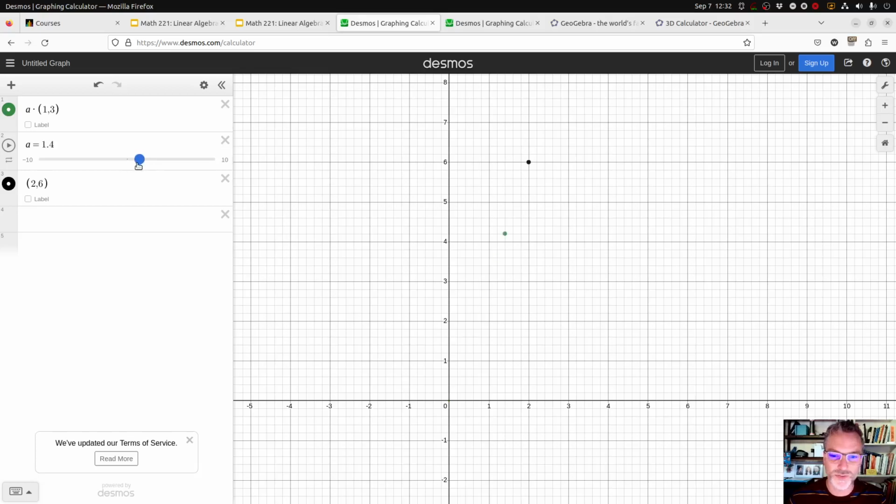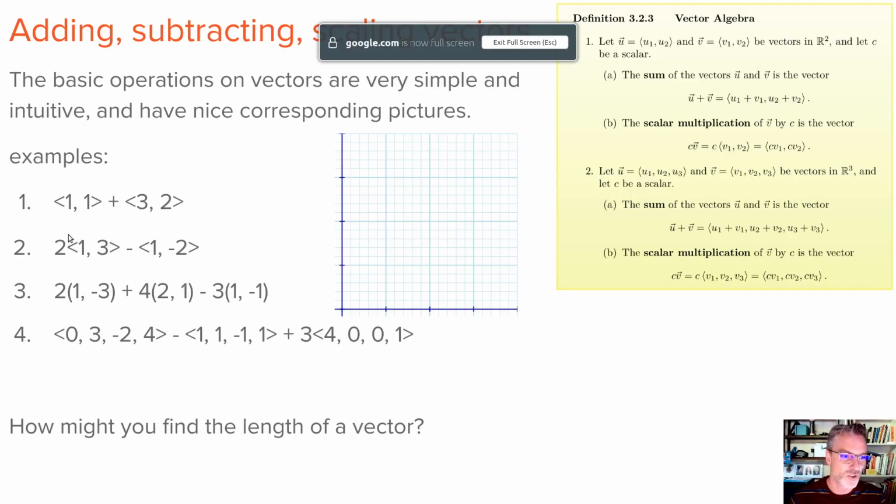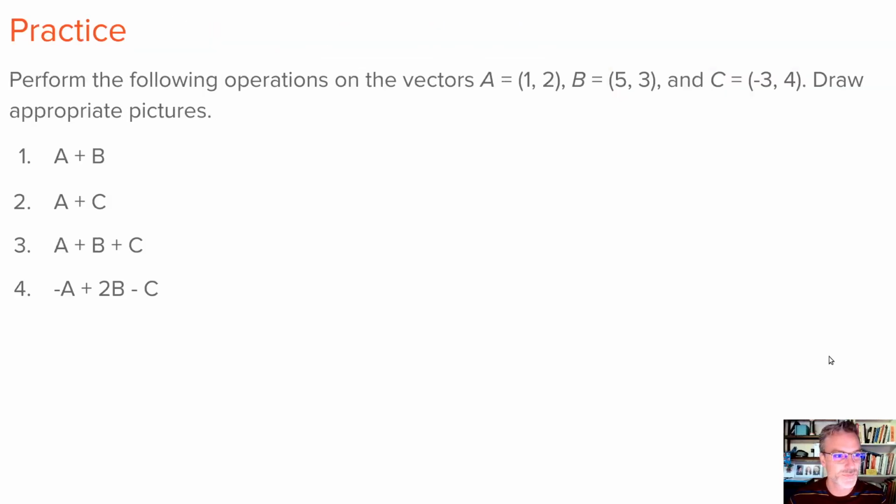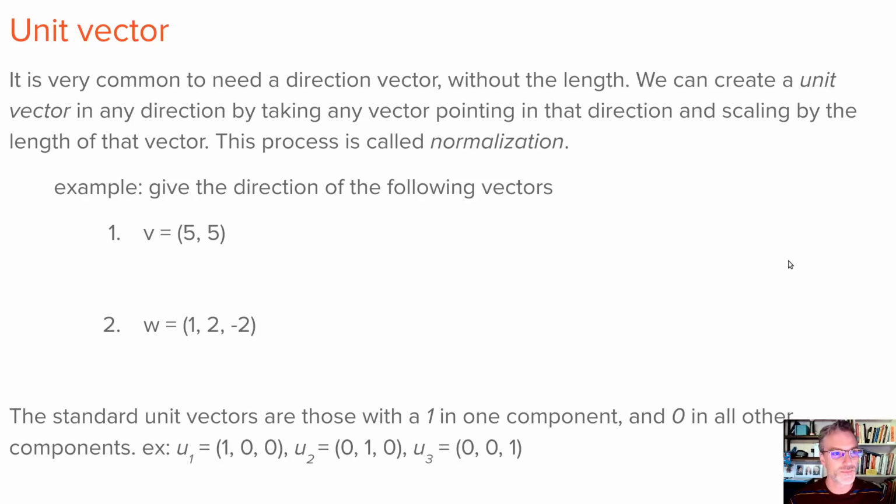So you can see the effect of multiplying through by a scalar. The good news for us is that it's very easy to do that. You just simply multiply each component by that number. Okay, I am going to leave this for practice for you as well. Again, try these problems, talk to your colleagues about it, talk to me about it.